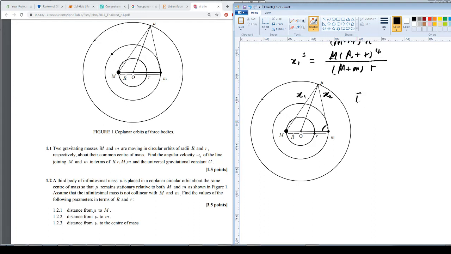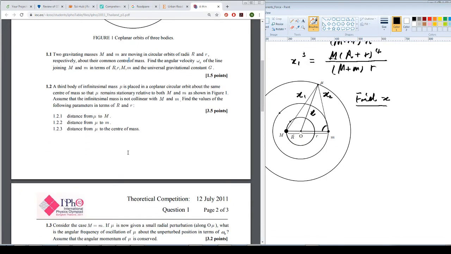So just find x at this point. So that's good. Let's go on.